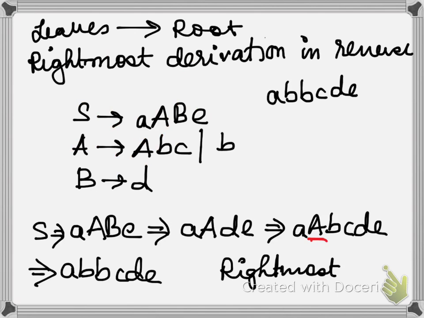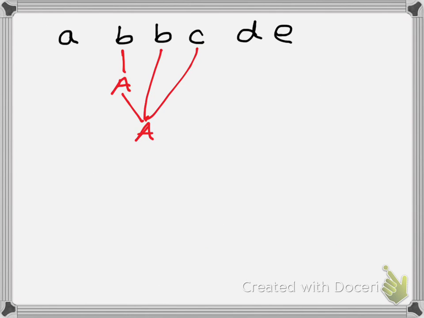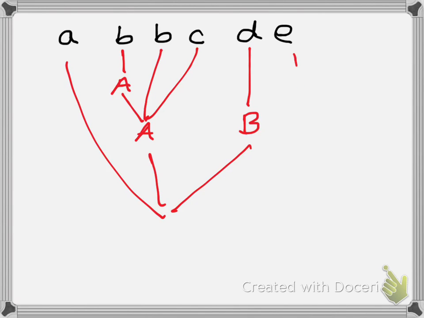So A b c was replaced by A. Now I have a A d e. Next, d I will replace by B. And then I will have a A B e, which takes us to the start symbol S. So we have constructed the tree starting from the leaf nodes right up to the root node.